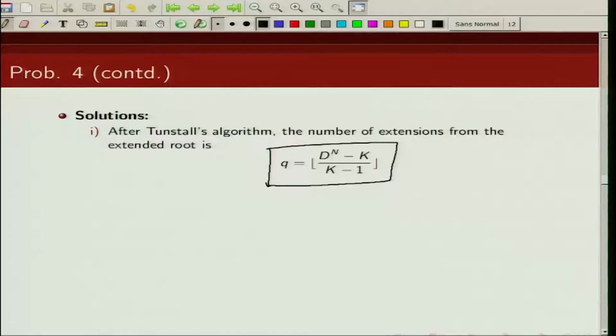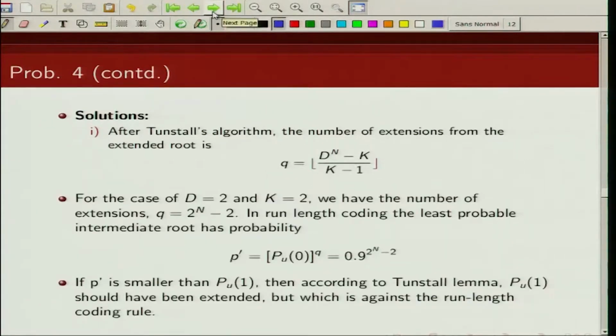So the number of extensions that we would require to create a Tunstall message set is q, which is given by this expression. Now in this example we are considering a binary code, so d is 2, and our input takes zeros and ones, so k is also 2. So in this case the number of extensions comes out to be 2 raised to the power n minus 2.